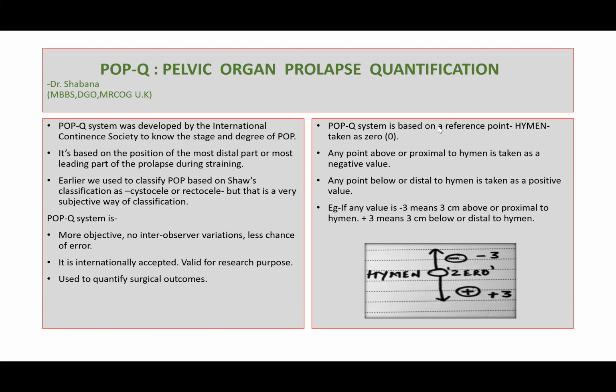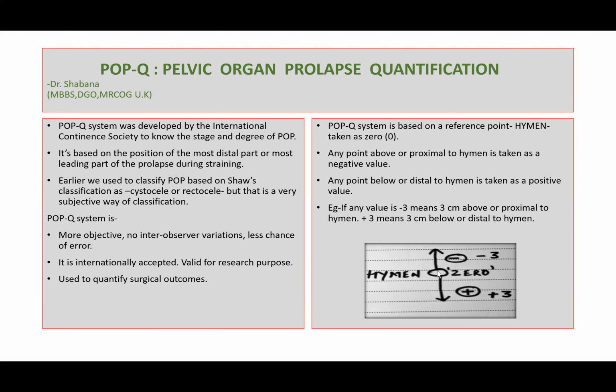Now, in the POPQ system, there is a reference point, that is the hymen, which is taken as 0. When the distal part of the prolapse reaches the hymen, then we mark it as 0.